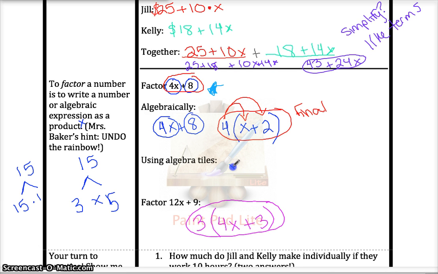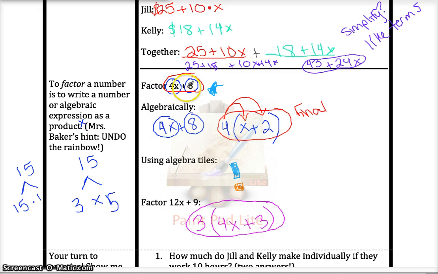So this is going to be my x, this blue rectangle. And then I'm going to use orange for my single digits. So this will be my single digits. Okay? You can use whichever two colors you prefer. Those are mine.